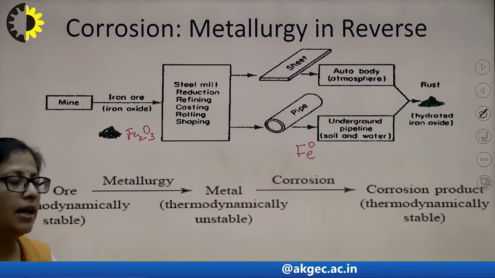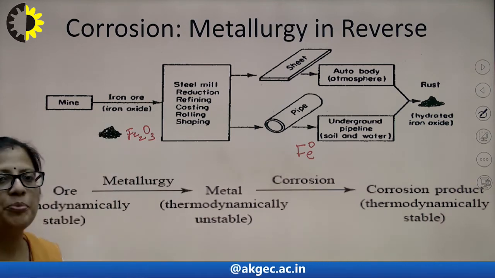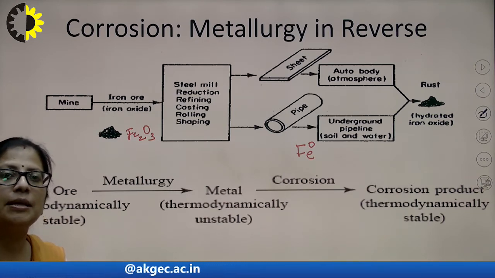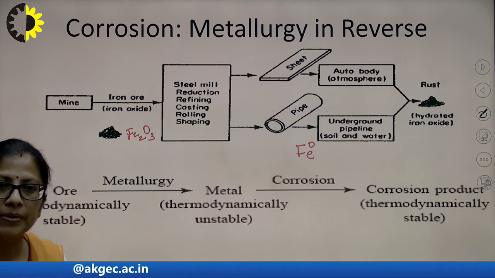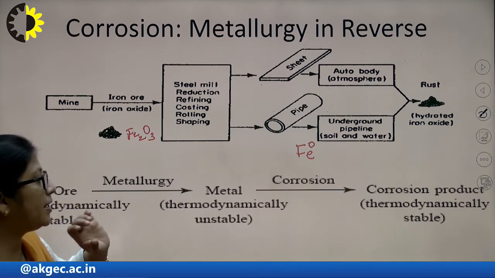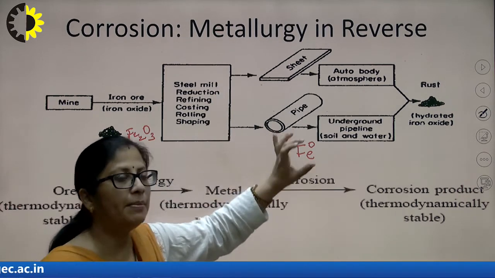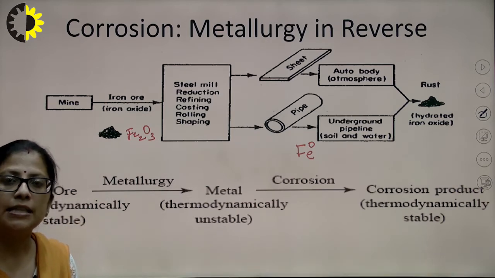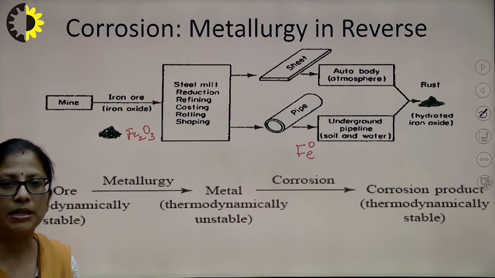So, we can say any metal which is present in nature in its natural form, that form is the most stable form. But on doing the metallurgy, we are converting the metal into another form, and that pure form of metal is not the stable form of the metal.